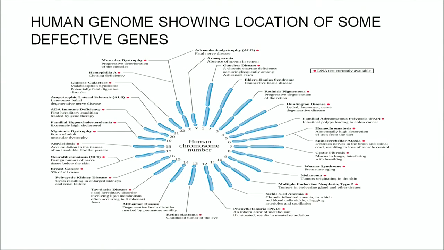So we know that the human genome has been mapped, and this is a sketch of what all defective genes are present on human chromosomes, and at which particular chromosome. Like in chromosome number 11, there is a gene for sickle cell anemia, in which the blood cells take the shape of a sickle and are not able to carry enough oxygen.